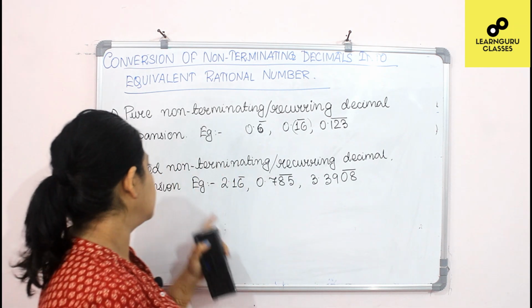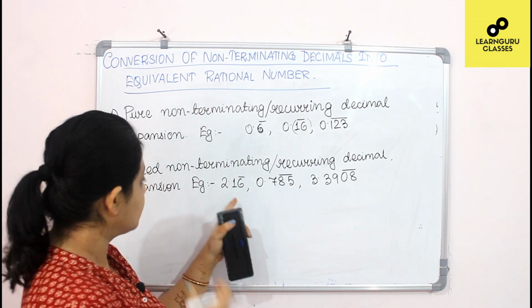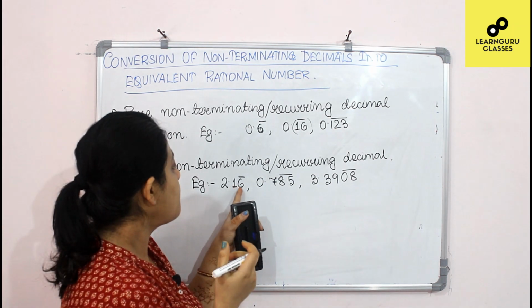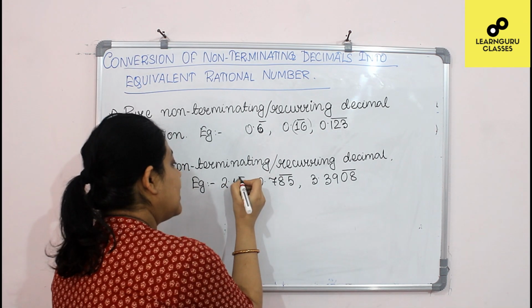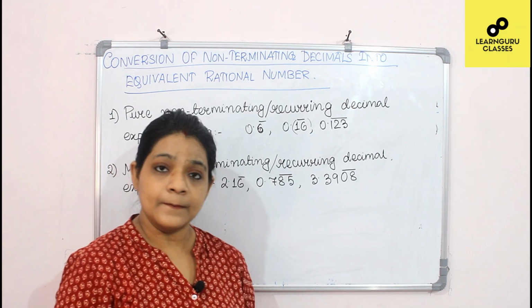But on the contrary, in a mixed non-terminating or recurring decimal expansion, you can see that in 2.16, only 6 is being repeated and 6 is under the bar.